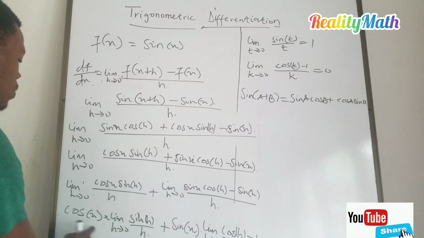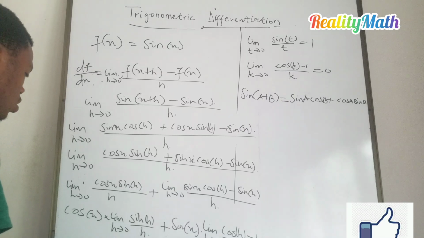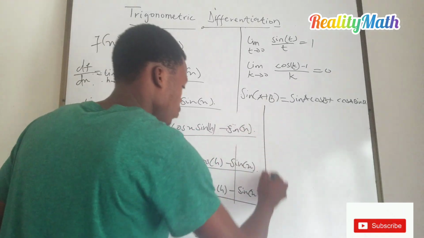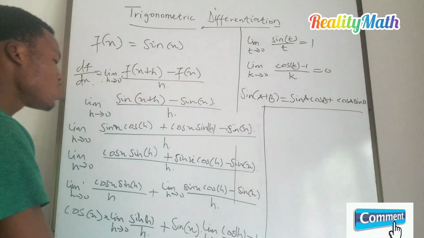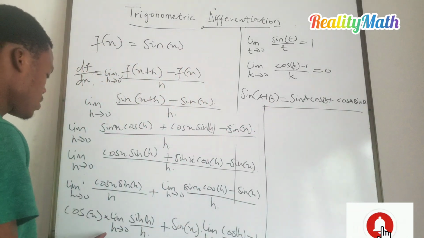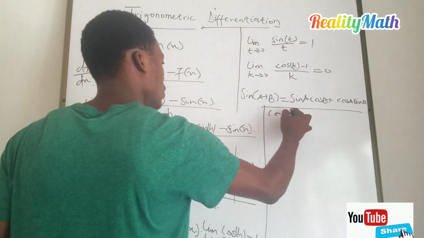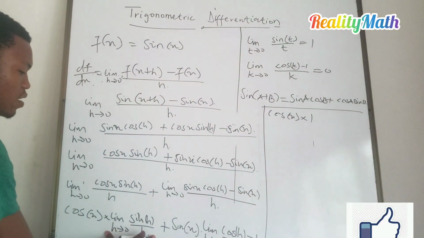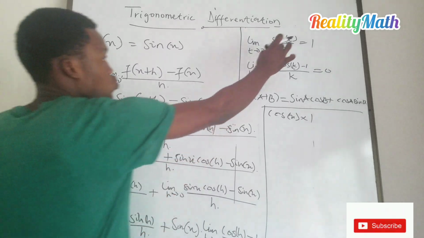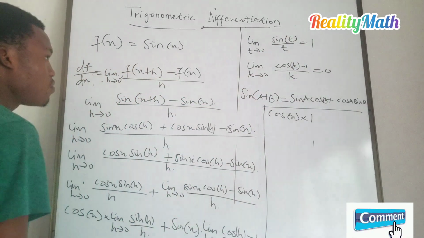If this gives me 1, I will be left with only cos x, so I'm getting cos x times 1.